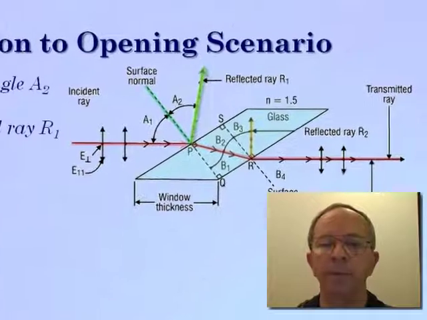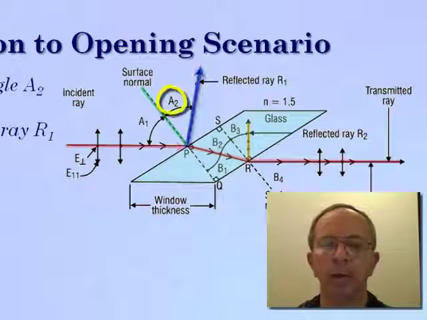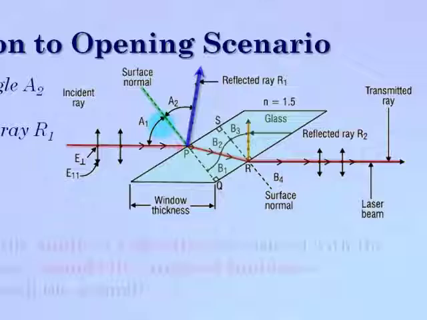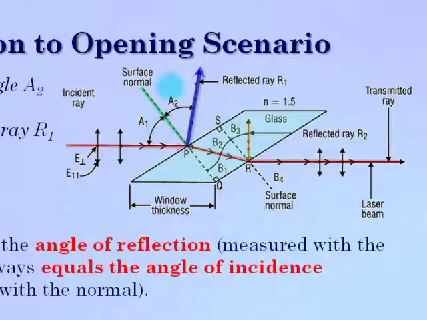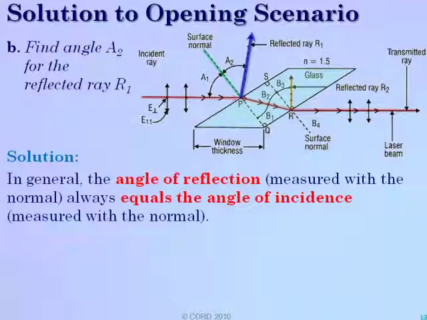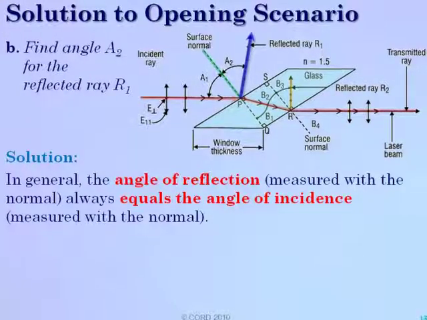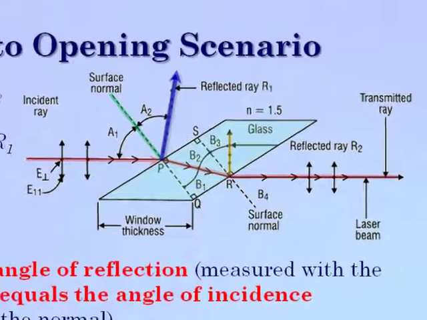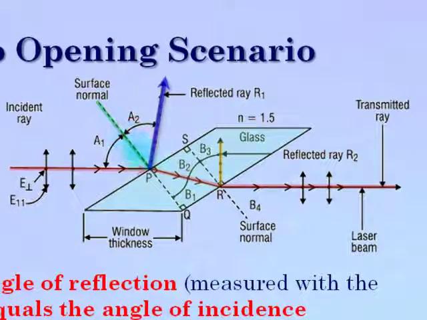Okay, part B of this problem says, what is the angle A2 for the refracted ray? If A1 comes in at the Brewster's angle, what is going to be the angle for A2? Well, in general, the angle of reflection measured with the normal always equals the angle of incidence measured with the normal. And this is the normal.